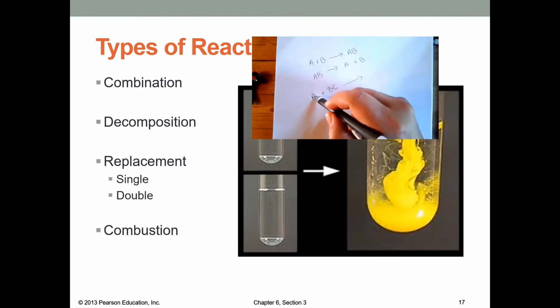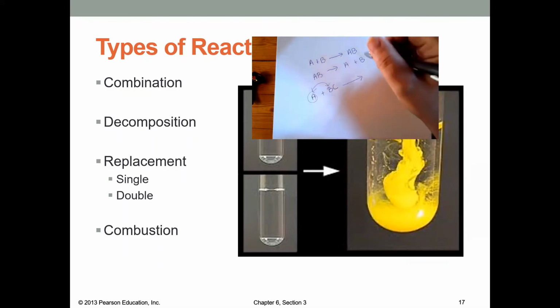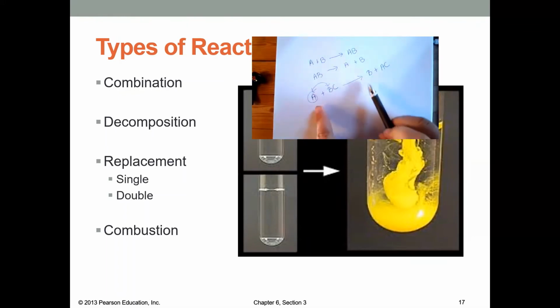So usually it's the cations, the positive ones, that are switching. So A is going to replace and switch places with B. So it's going to yield me, in this case, B plus AC. They just switch places, nothing more.